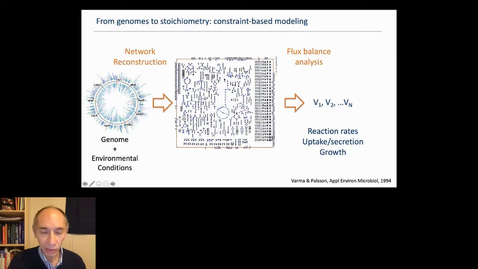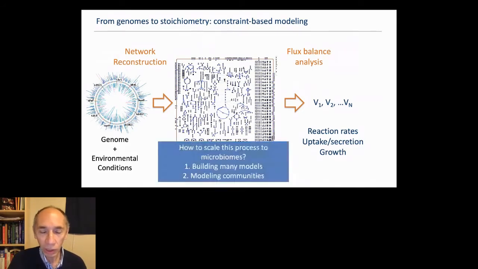So there is a whole body of literature now and a lot of tools for reconstructing networks and performing different flavors of these predictions of fluxes. But one of the key questions which we are addressing and I want to discuss is how do we scale this process for microbial communities and microbiomes? And this involves two levels of complexity. One is building many models.